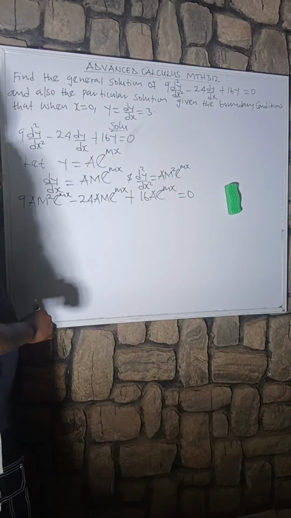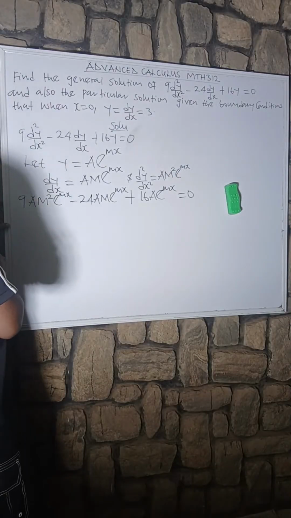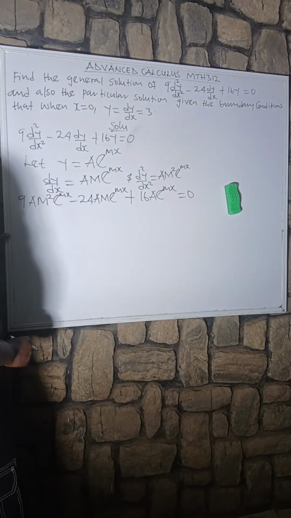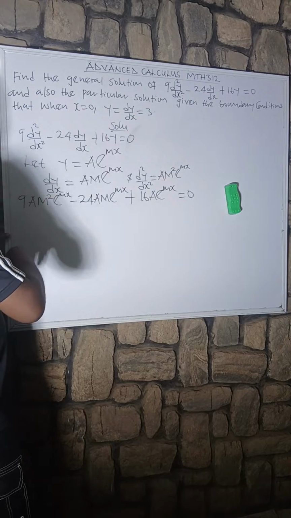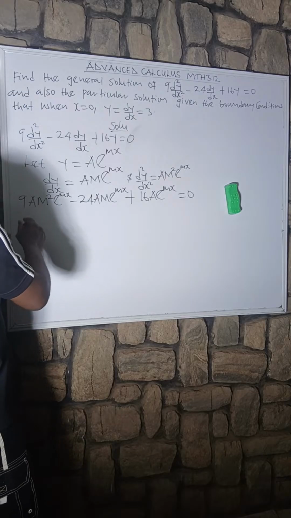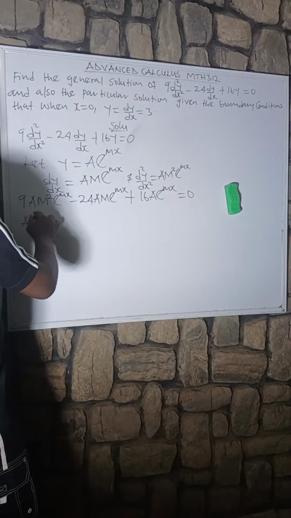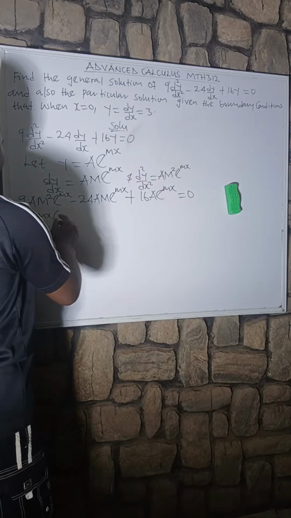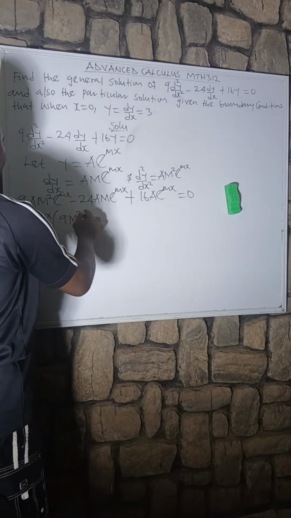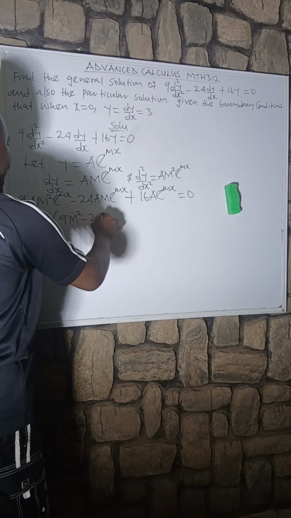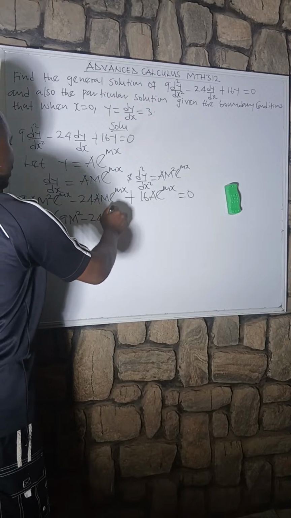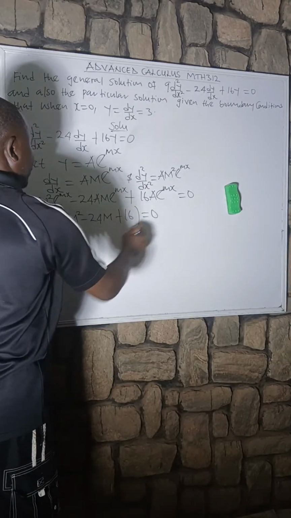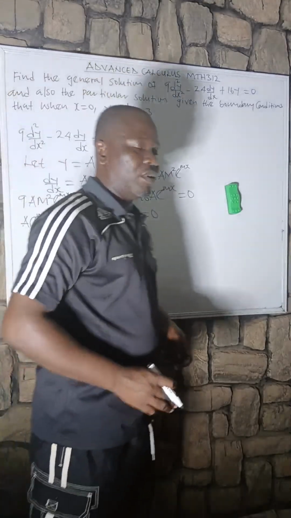Okay. So if you agree with me, look at this equation, what is common? Factor out the common factors. A exponential mx is common, so we factor it out. A exponential mx, open bracket, we are going to have 9m squared minus 24m, then plus 16 equals 0. Can you see now? Look at the board very well.